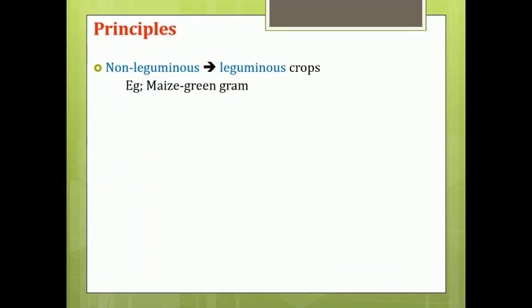Now let's look at different principles of crop rotation. In crop rotations, non-leguminous crops should be followed by leguminous crops, such as maize followed by green gram.